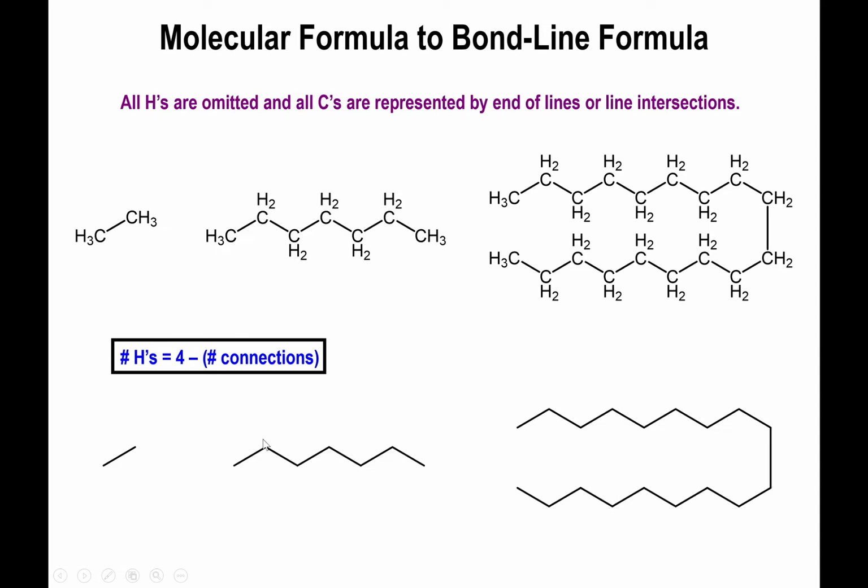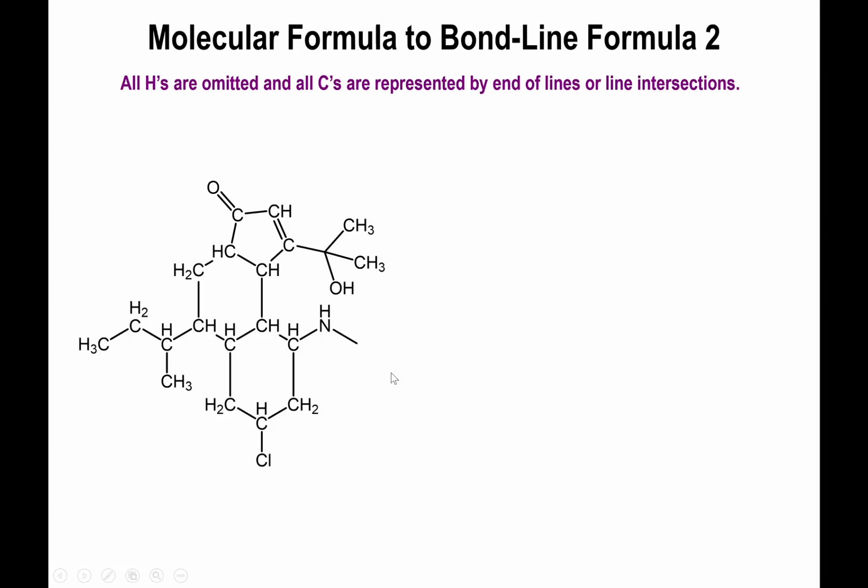So what that means is that when you look at these bond line structures and you concentrate on any one corner or any one end, all you have to ask yourself is how many connections does that carbon currently have? And in the case of the middle carbons here, this carbon has 1 and 2 connections. So subtracting those 2 connections from 4, which is the ideal number of bonds, tells you how many hydrogens this carbon has to have. All right, so we're gonna try this out with an example.